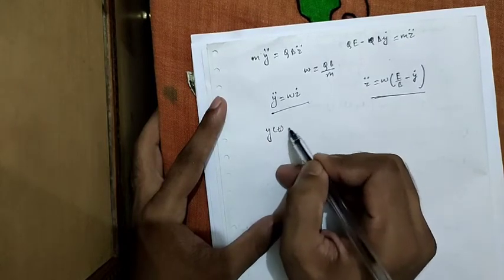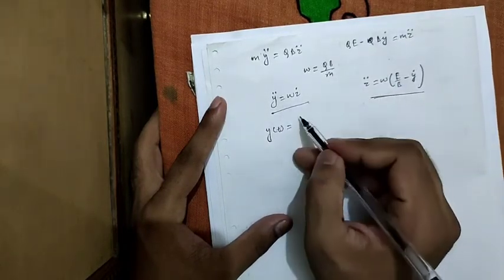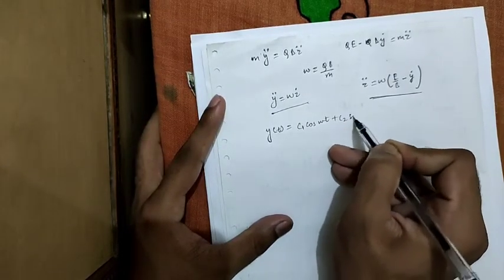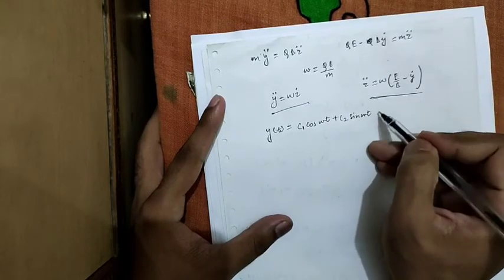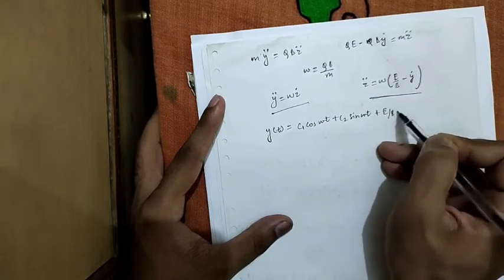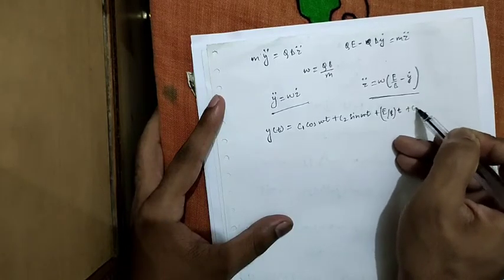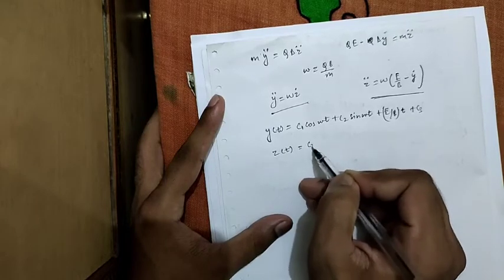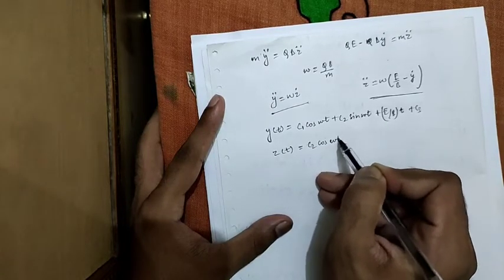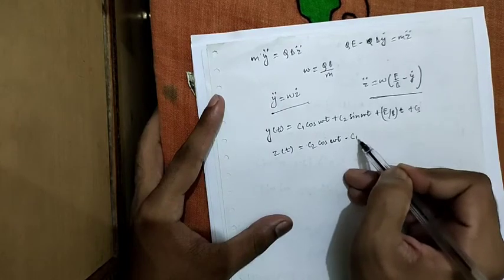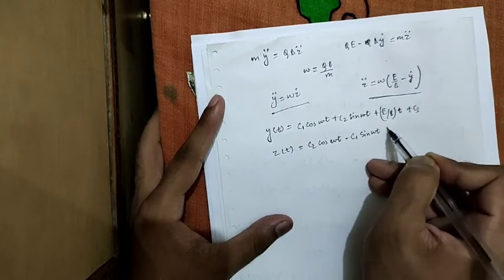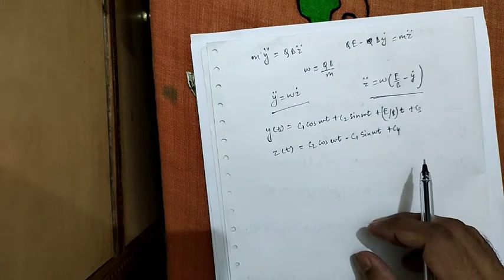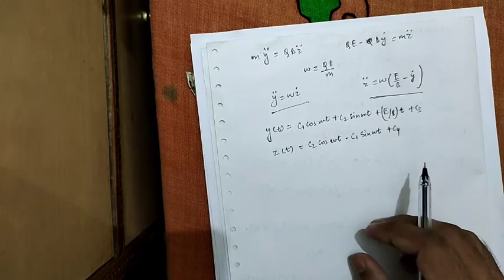So the solution for this is y(t) equals c1 cos omega t plus c2 sin omega t plus E by B t plus c3, and z(t) is a function of t, c2 cos omega t minus c1 sin omega t plus c4, where c1, c2, c3 and c4 are just constants which we want to determine here.